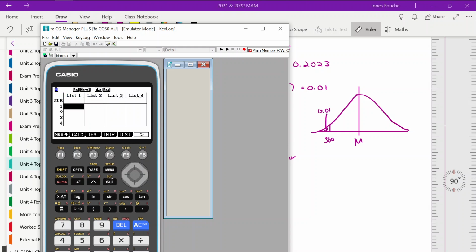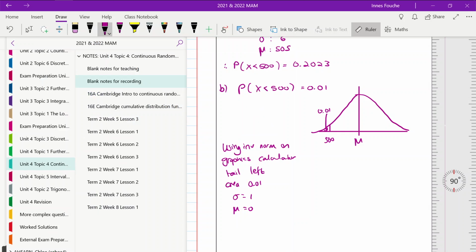So we want to go to inverse normal, distribution normal, inverse normal. We've got a left tail. So area is 0.01. Sigma is 1. Mu is 0. So that gives us a z value of negative 2.32. Okay, so our probability of z being less than z is 0.01, so z is negative 2.3263.